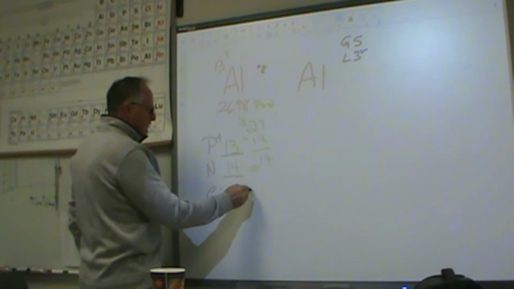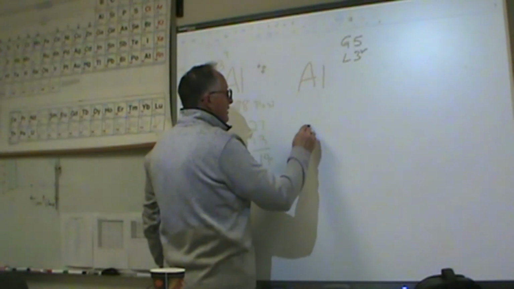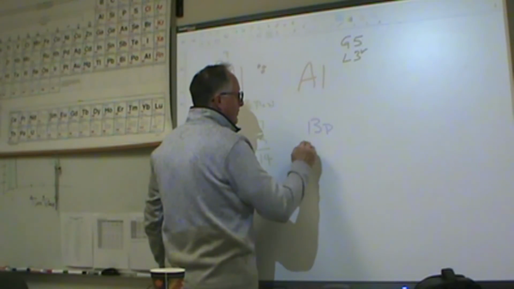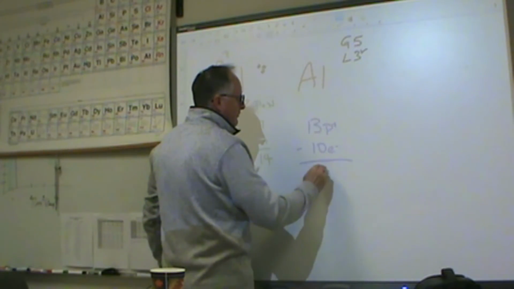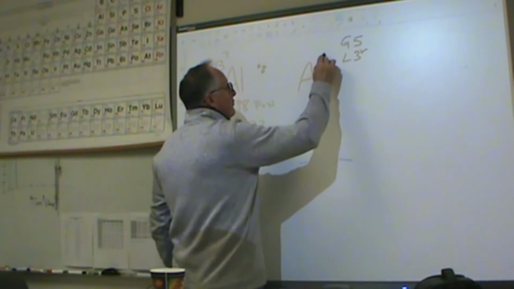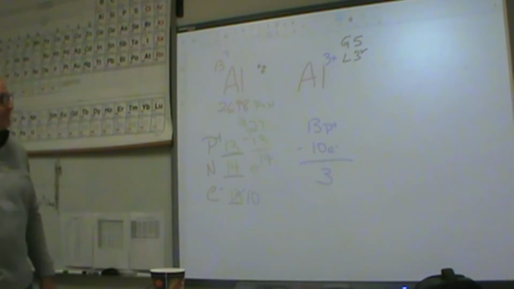So over here we actually only have 10. To find the charge, it is 13 protons minus, now we only have 10 electrons. Gives us a 3, which is a positive, so when we write the positive, it's a 3 plus.